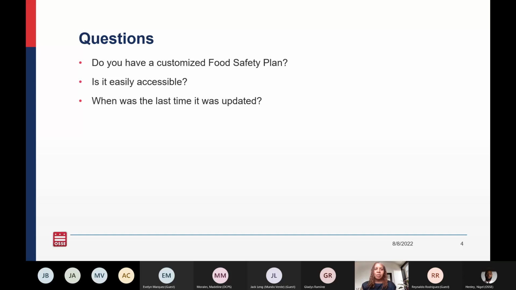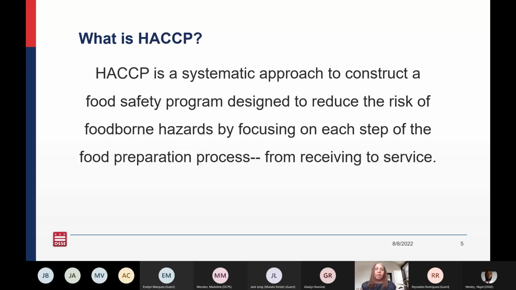All right, while we wait for some responses in the chat, we're just going to go ahead and dig into the content for your food safety plan. As mentioned earlier, your food safety plan should contain some of the principles of HACCP. HACCP is a wonderful word, and sometimes we don't know what it stands for.